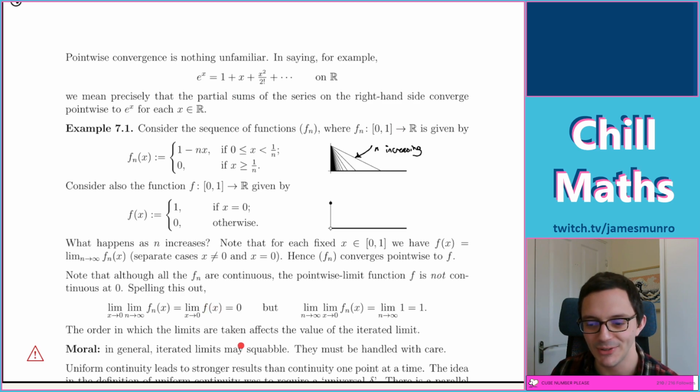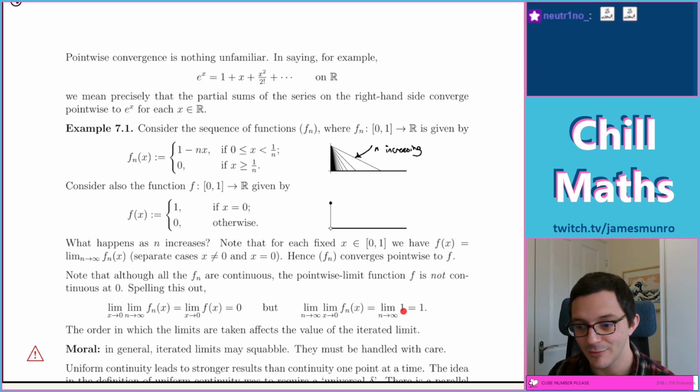Iterated limits may squabble. They must be handled with care, and there's an exclamation mark on the screen in the notes, which is nice. The limit as x goes to 0 of the limit as n tends to infinity of f_n(x) is the limit as x tends to 0 of the pointwise limit function, which is 0. But if you take the limit as x goes to 0 first of f_n, well, they were all 1 up here on the left, and you get the limit as n goes to infinity of just the function 1, so you get 1.